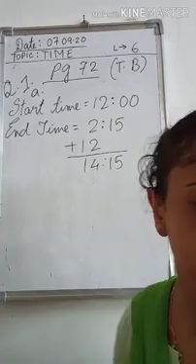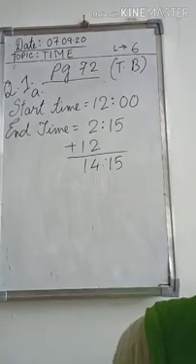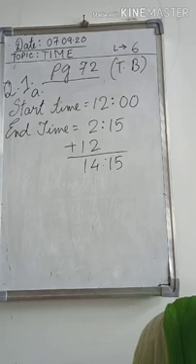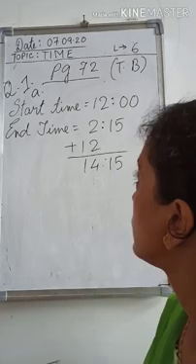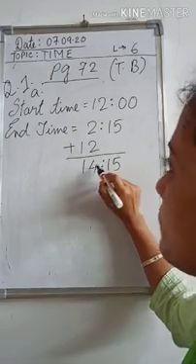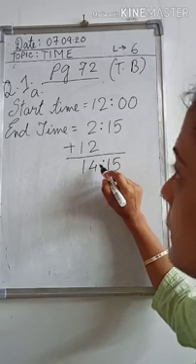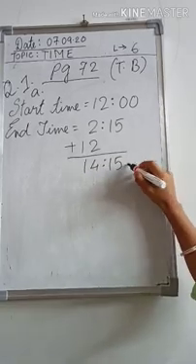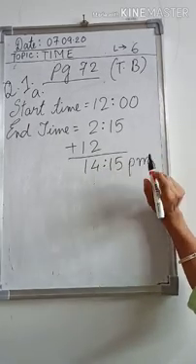Okay, I get a 14 as well as a 15. Please note it down everybody. Now you can see it's 14, it's more than 12, that means it's a PM part, isn't it? It's a PM. So here we can also write PM.